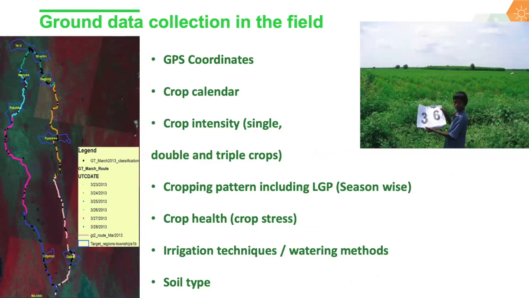The main problem is we are not able to cover entire India at a time, so we do it in 2 years. That's the reason in 2013 and 14 we collected nearly 2,000 samples across India and Bangladesh. We also gathered irrigation techniques, the water application method, and how many times they irrigate.